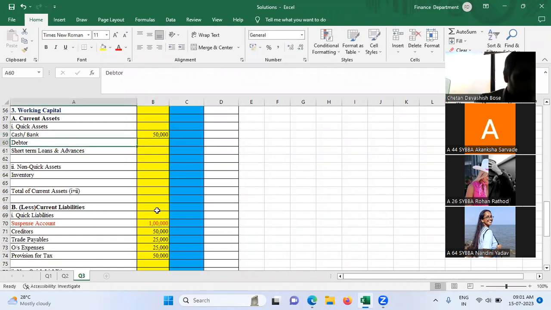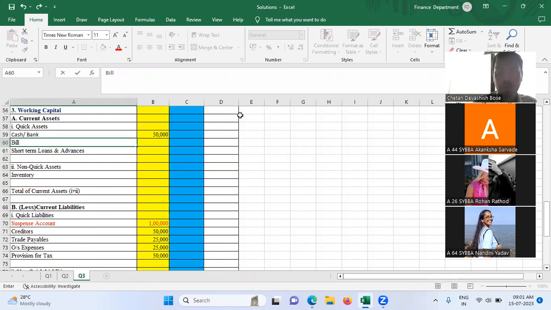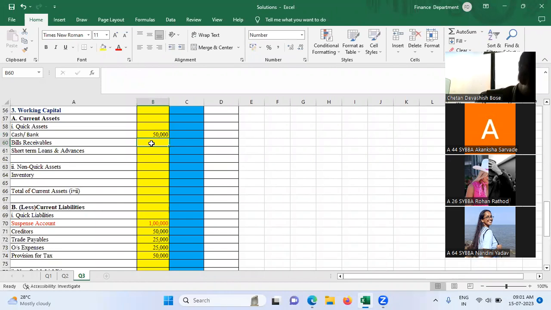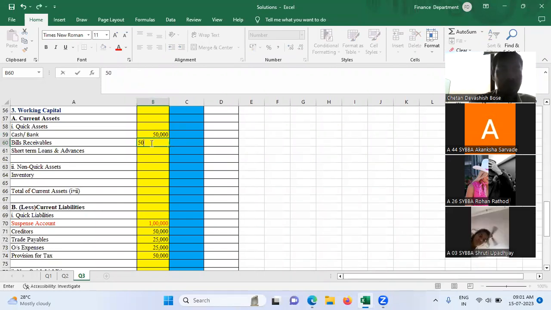They do not have debtors now. This company has bills receivable. What is the amount? 50,000. If they have given 50,000, then just write 50,000.